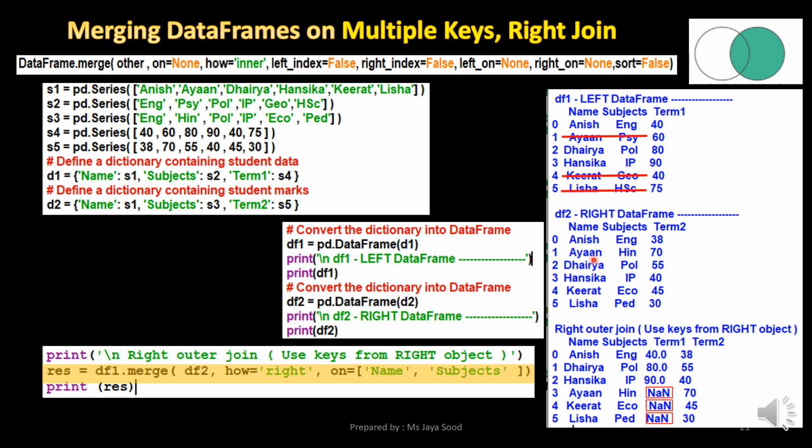If there is a matching name-subject combination row in the other data frame, it will align. Otherwise, if the name-subject combination is missing in the other data frame, then the corresponding column will have a NaN, as shown here in the output.